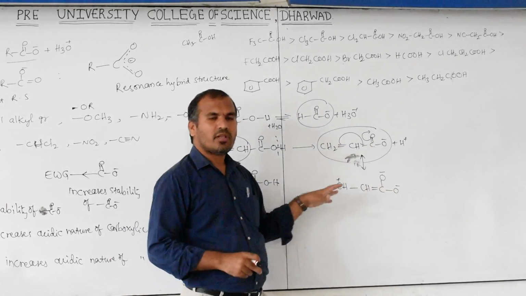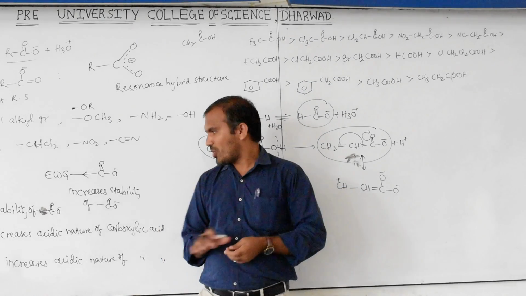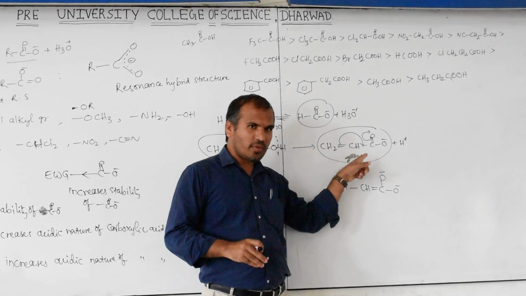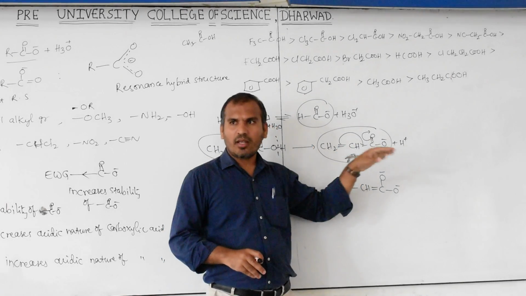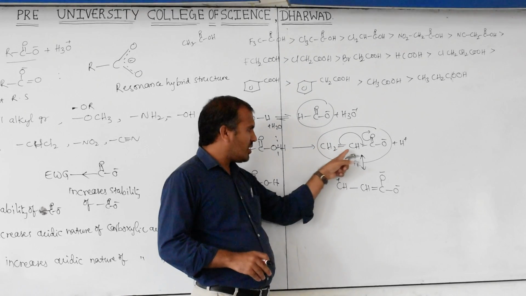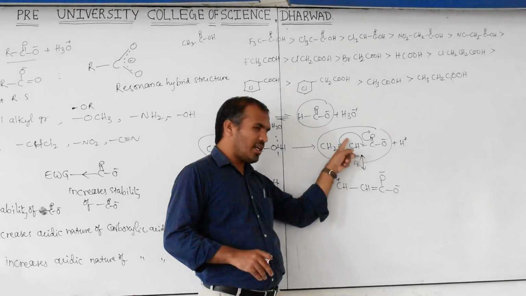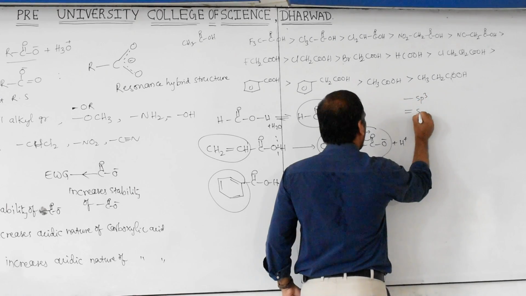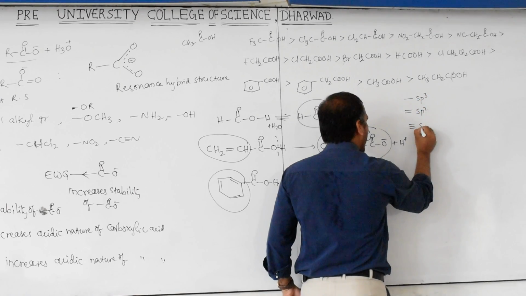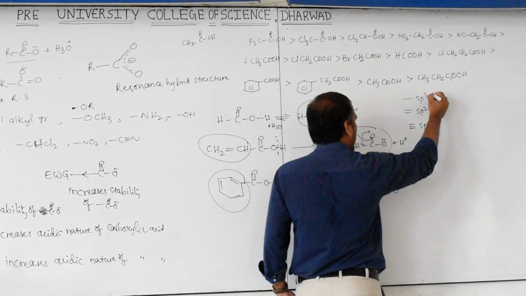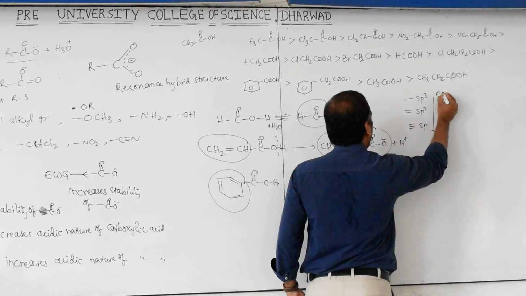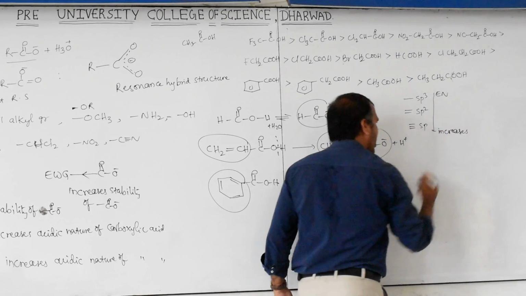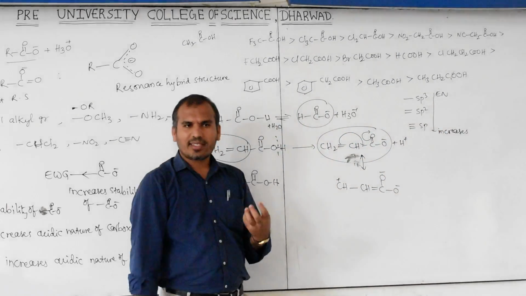But here is an exception. You were told that a donor group decreases the acidic nature, but it is a donor group through conjugation, and due to this double bond carbon. Already I told you that a single bond is sp3 hybridization, double bond sp2, triple bond sp. Electronegativity increases with s character.